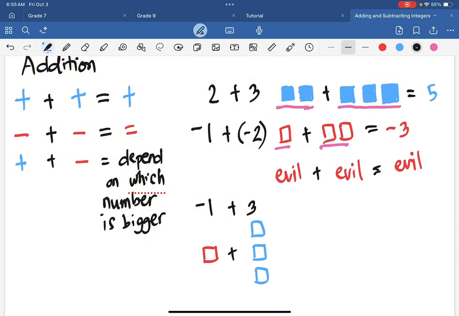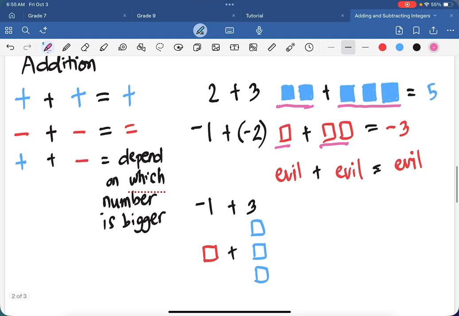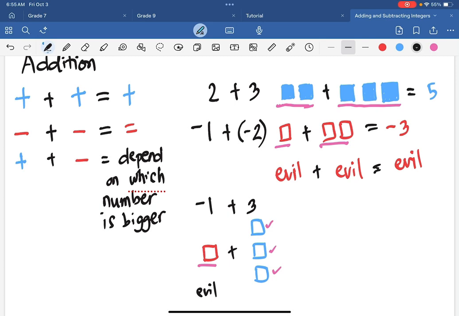As you can see here, negative 1 is just basically 1 red box, and there are 3 positive boxes. If we compare evil, the red one, versus good, then obviously good has more boxes compared to evil. So we could cancel them, one red and one blue. We are left with 2 blues, or 2 goodness, or 2 positive numbers. That means negative 1 plus 3 is 2.